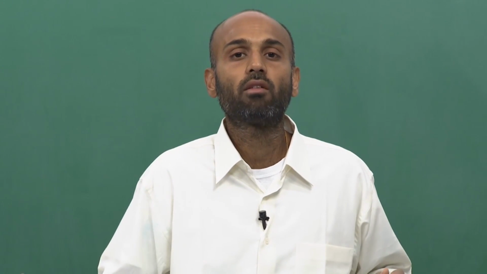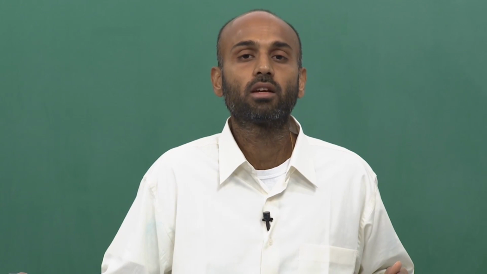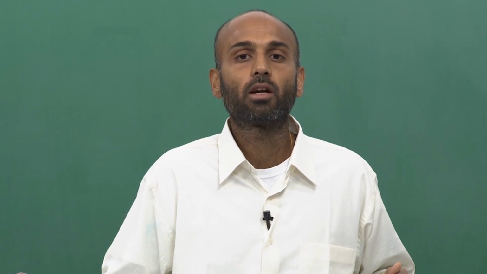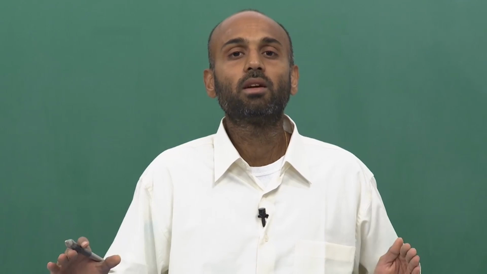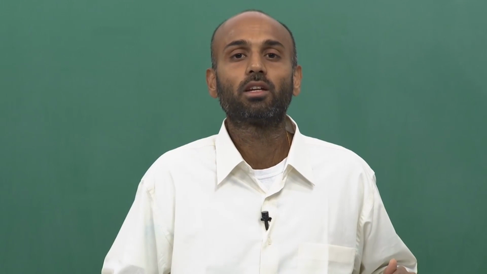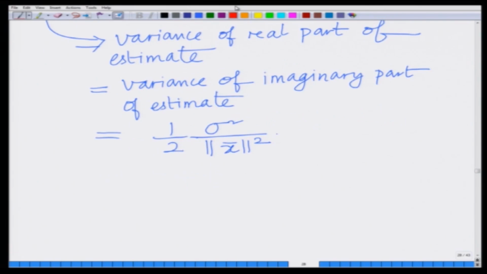The real part and imaginary part have an estimation error of half of the net estimation error, that is, half sigma square divided by norm x bar square. And one can also note that the estimation errors of the real and imaginary part are uncorrelated.